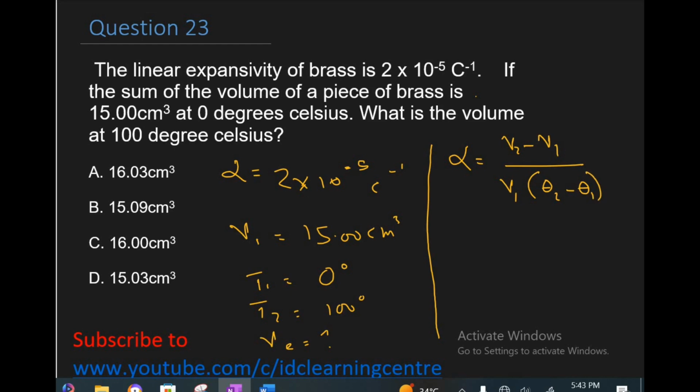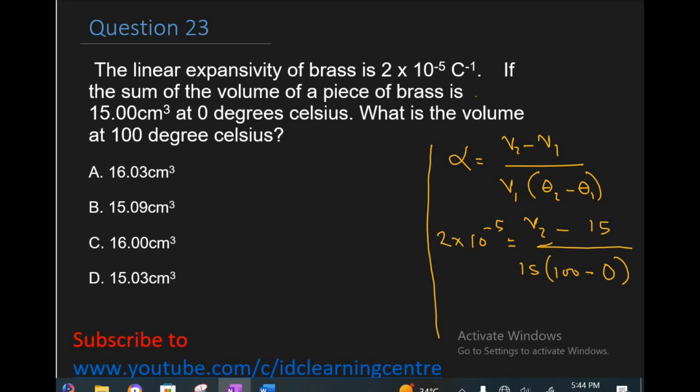Inputting the data into this formula, alpha, the expansivity, is 2 times 10 to the power minus 5 equals V2, which we don't know, minus V1, which is 15, divided by V1 again, which is 15, times T2 which is 100 minus T1, which is 0.